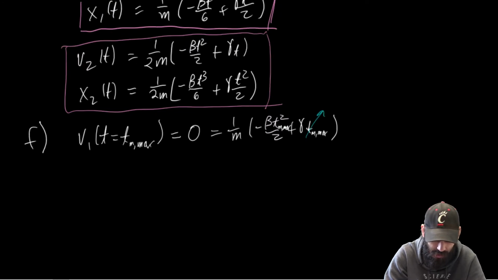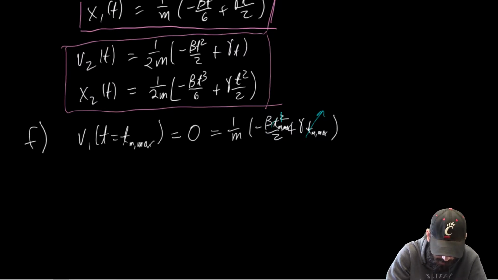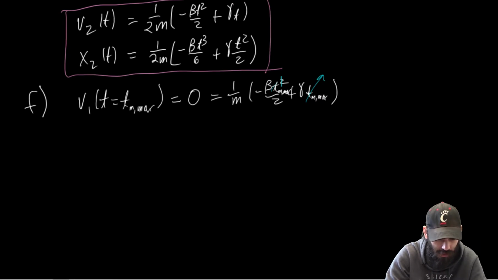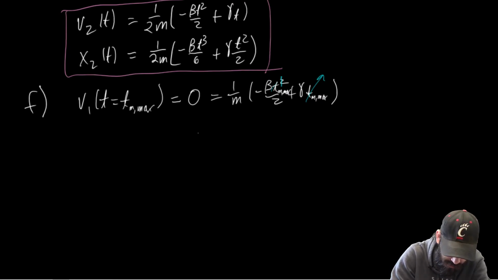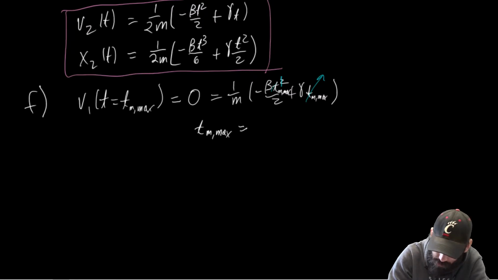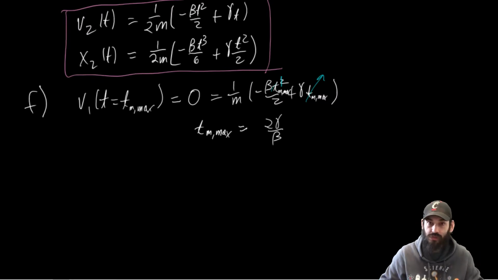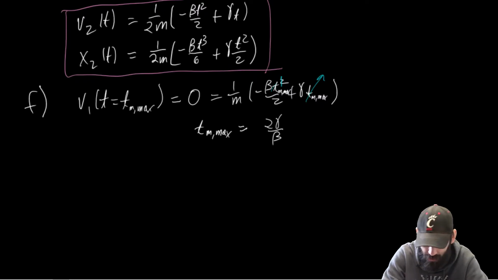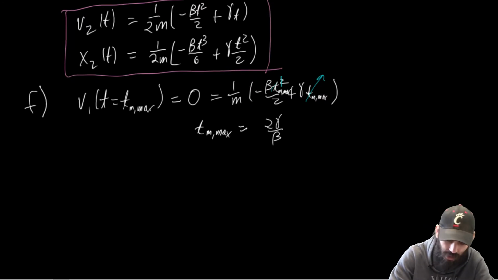So I'm going to cancel one of these masses, and so this is just to the first power now. The non-trivial solution occurs when t m comma max is equal to 2 times gamma divided by beta. Okay? You could check this for dimensional analysis to make sure that this is dimensionally correct, and we have this factor of 2. So this checks out.